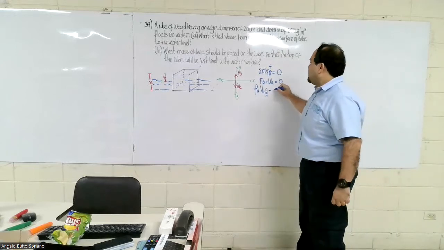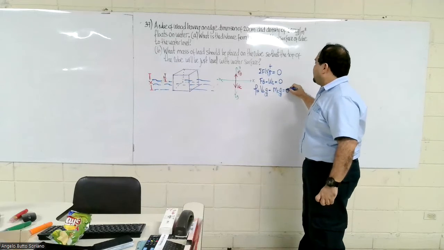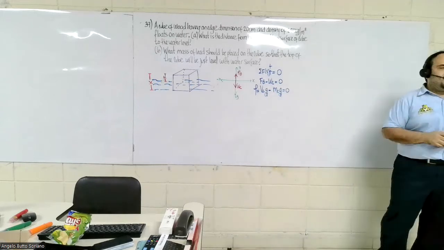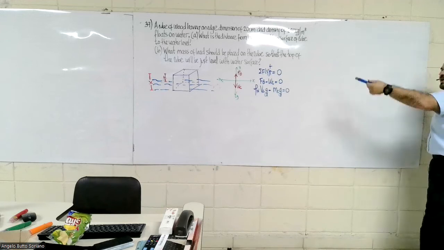Subtracting the mass of the cube multiplied by the gravity, and the entire equation will be equal to 0. But we have some kind of situation. We have no idea what is the mass of the cube, right? The problem never gave us the mass of the cube. They gave us the value of the density.